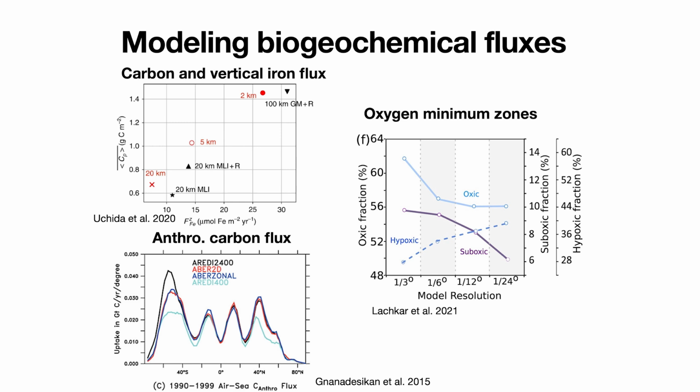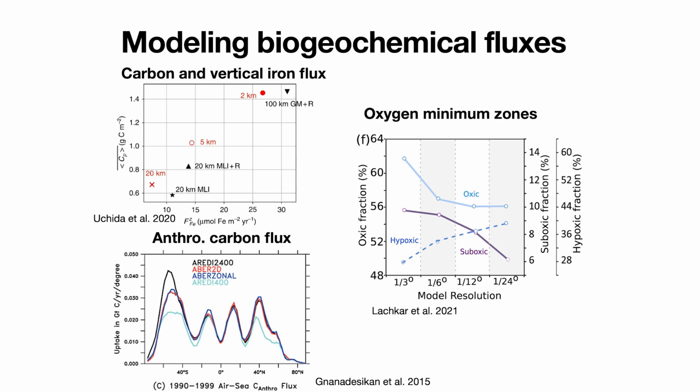On the bottom, how this along-isopycnal diffusion affects the anthropogenic carbon uptake in global models, so the choice of both the magnitude and the spatial variability of those parameters, and then again thinking about why these models are so sensitive to the model resolution when we're asking about biogeochemical tracer fluxes.